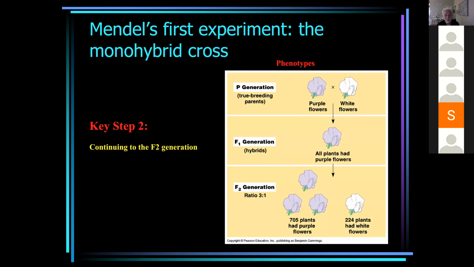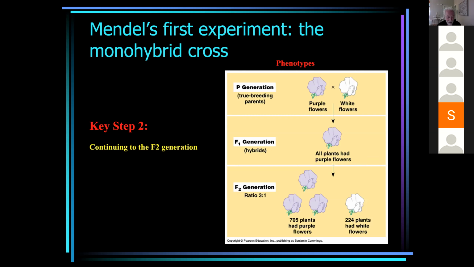Mendel's first experiment is called a monohybrid cross. Now, these are phenotypes. He crossed two true breeding parents, one with purple flowers, one with white flowers. And in the F1, he saw that all the plants had purple flowers.